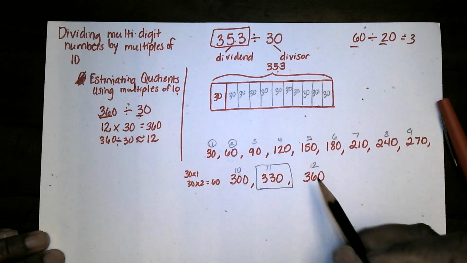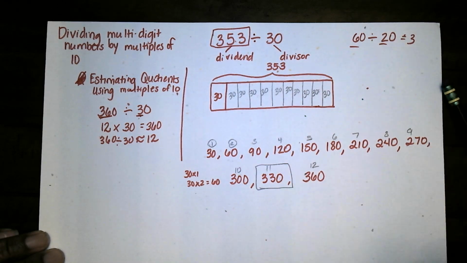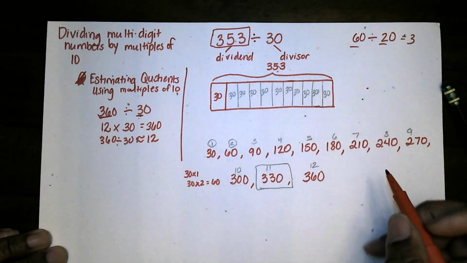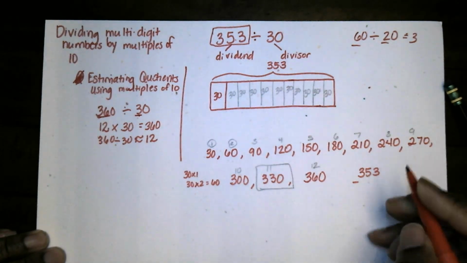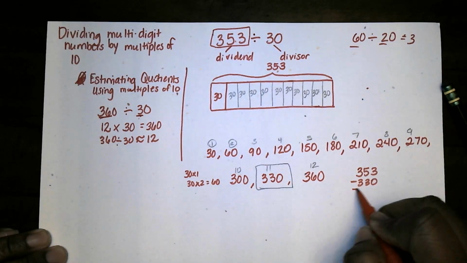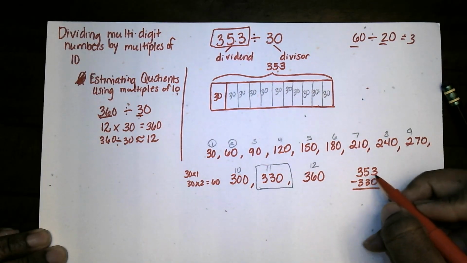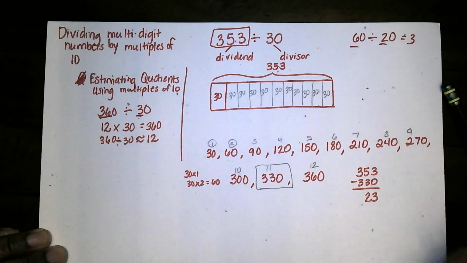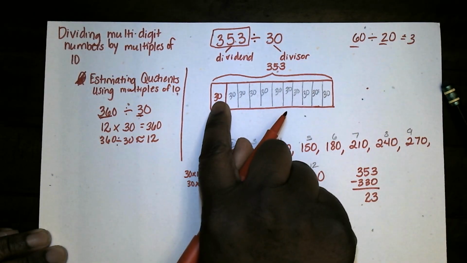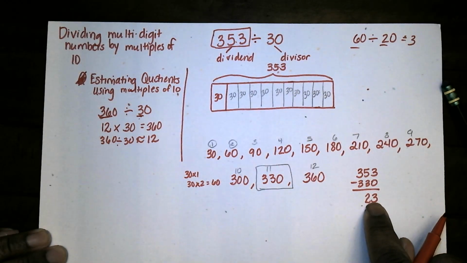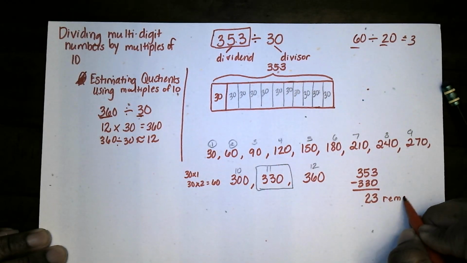So we have to figure out how much is left over, because our dividend was 353 and we made it to the amount of 330. Well, that gives me 23, okay, which is not enough to make a full set. So that we have to call our remainder.